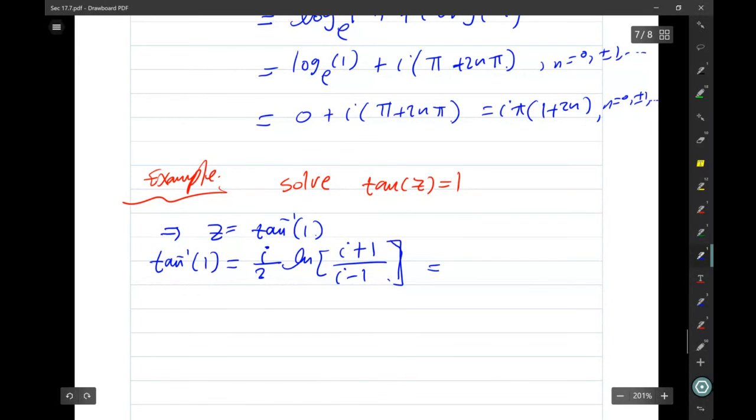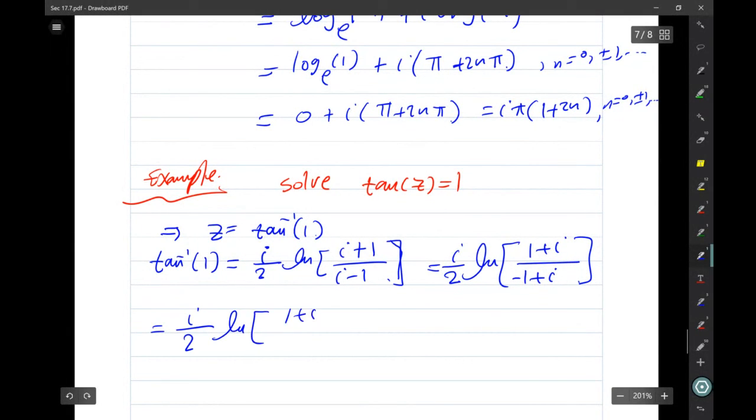First of all, have a look here. i divided by 2 ln of (1 plus i) over (minus 1 plus i), multiplied by the conjugate, i by 2 ln of (1 plus i) times (minus 1 minus i) over (minus 1 plus i) times (minus 1 minus i).